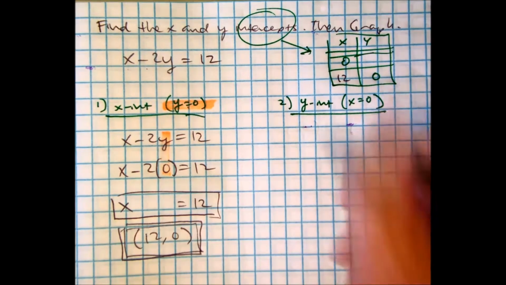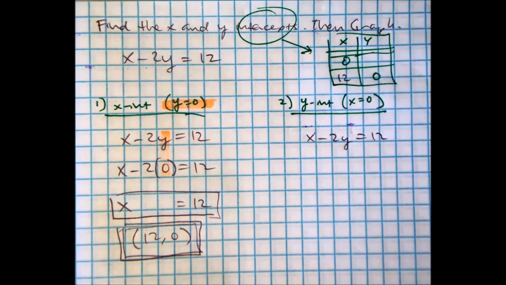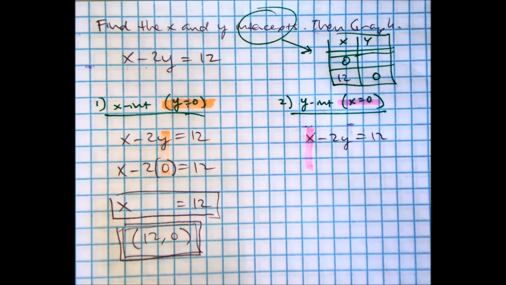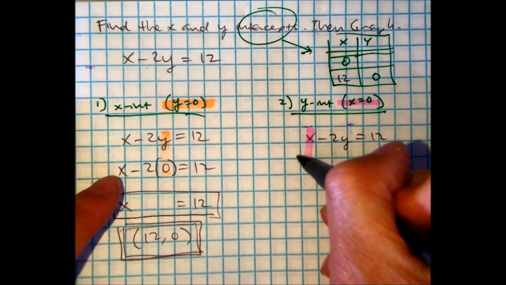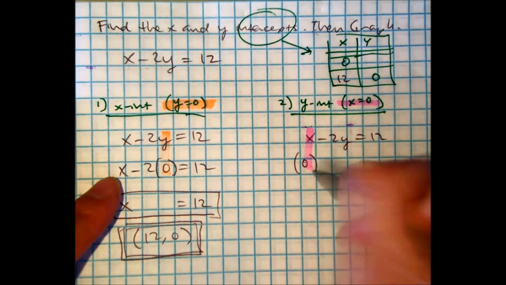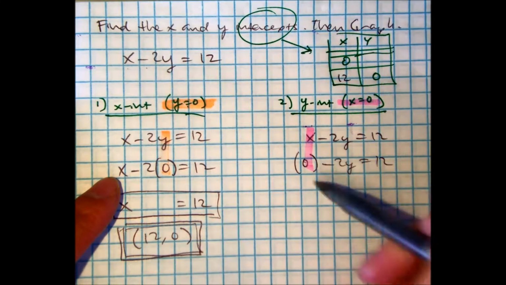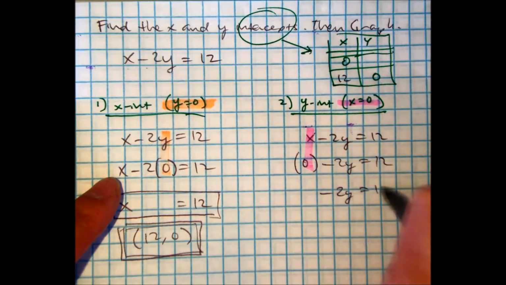To find the y-intercept, I'm going to do the same thing. But now we're going to make what? x equal to 0. Class, what do I write? 0 minus 2y equals 12. 0 goes away, so we're left with negative 2y equals 12.